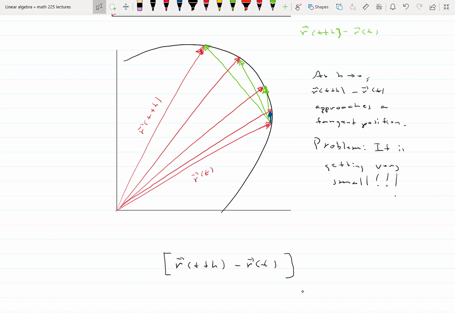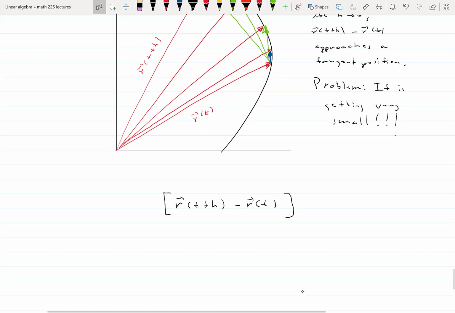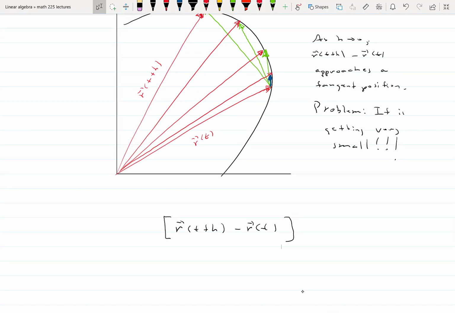That little blue vector, which I really should have drawn in green, oops. That little blue vector is approaching the tangent position. I'd like to get rid of that little blue vector. It didn't work. But it's shrinking down to nothing.